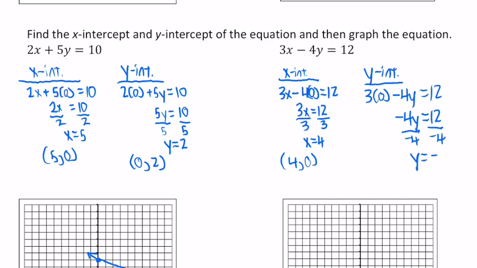This leaves us with y equals negative 3. We put in 0 for x and got negative 3 for y. The point (0, negative 3) will be on our graph. And then to finish, we draw a line through those points and stick arrows on the ends.